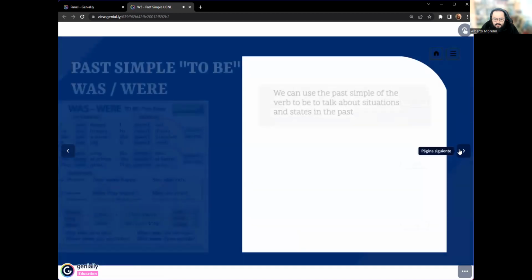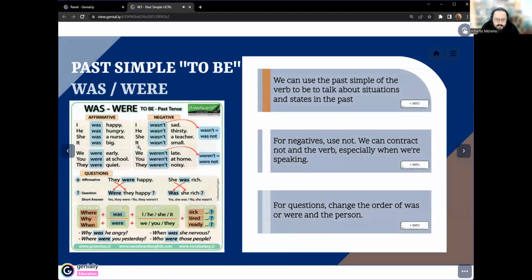So let's continue with the verb to be in past simple. Vamos a continuar con el verb to be en pasado simple. And so in here, we can use the past simple of the verb to be to talk about situations and states in the past.